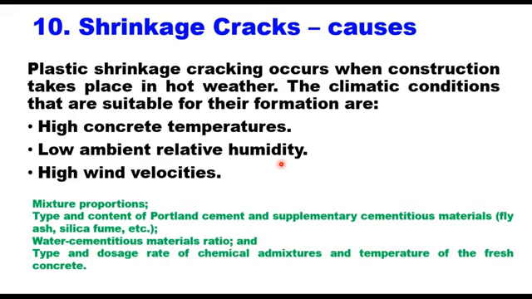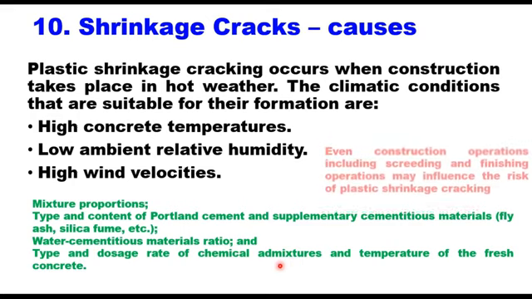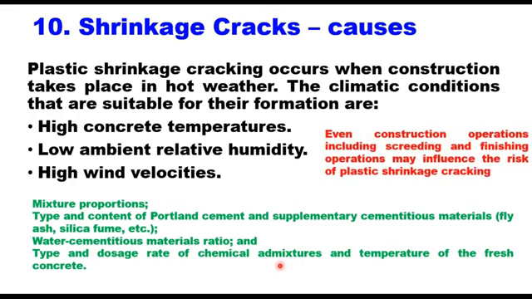There are mixture properties also that can encourage the shrinkage cracks, like type and content of the cement and supplementary cementitious materials, water cementitious material ratio, type and dose of chemical admixtures, and temperature of the fresh concrete. Even construction operations, including screeding and finishing operations, can influence the risk of plastic shrinkage cracking.